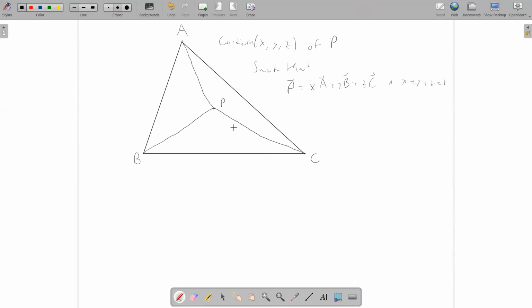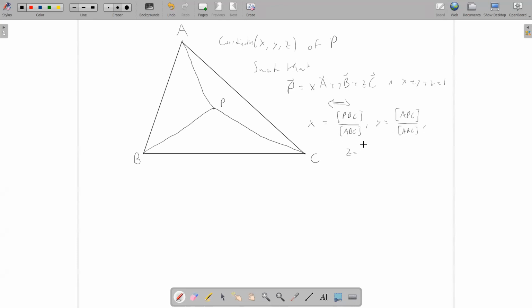And equivalently, x is going to be the area PBC over the area of ABC. Y is going to be the area of APC over the area of ABC.